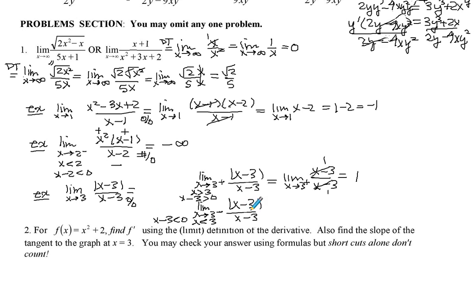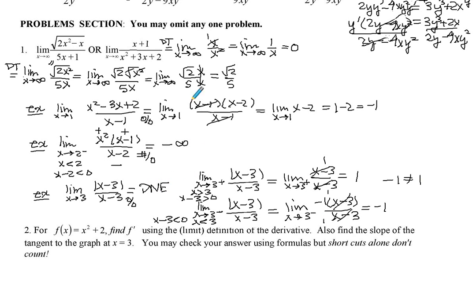So when you drop the absolute values, you have to take the negative of the inside. So it's going to be the limit as x approaches 3 from the minus side of negative of x minus 3 over x minus 3. When these cancel, it leaves negative 1 over 1. And these are not equal. Negative 1 is not equal to 1, so this limit does not exist.